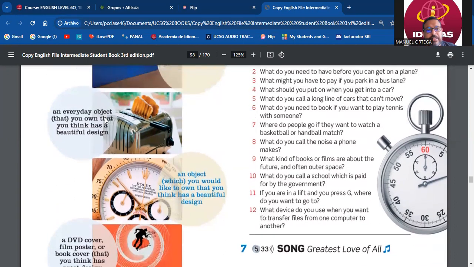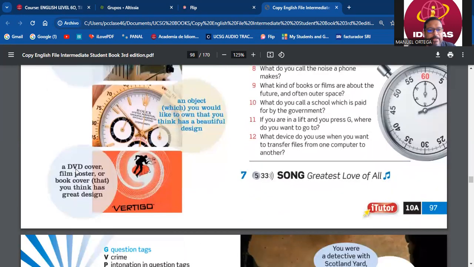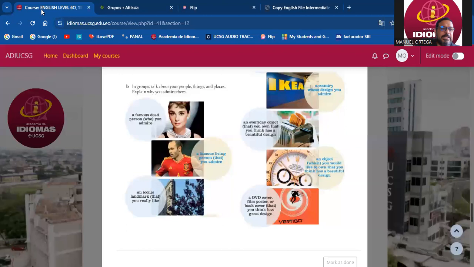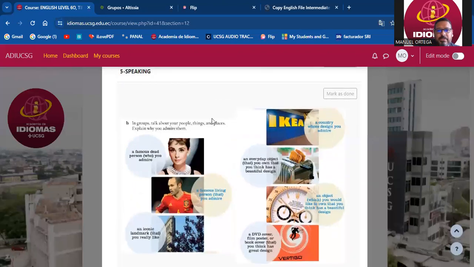The difference is that in the first one you have the object, and in this one it is an object that you want to have, but you admire the design. This one is kind of old nowadays: a DVD cover, film poster, or book cover that you think has a great design. That is what you find in the speaking section.